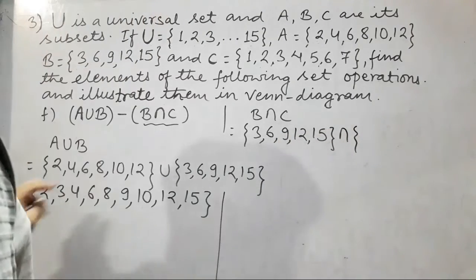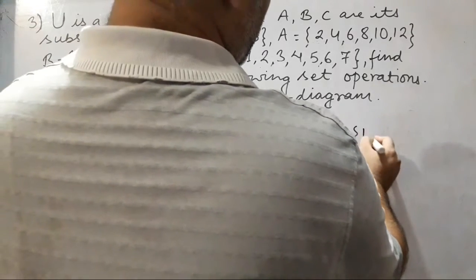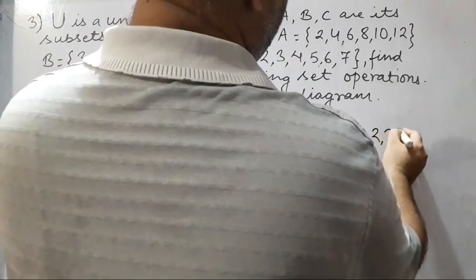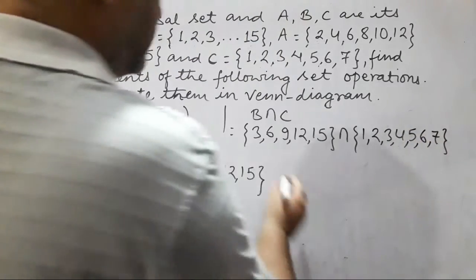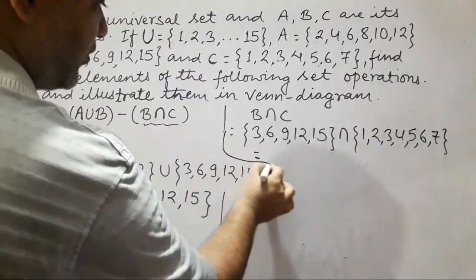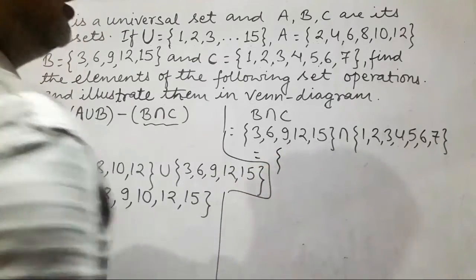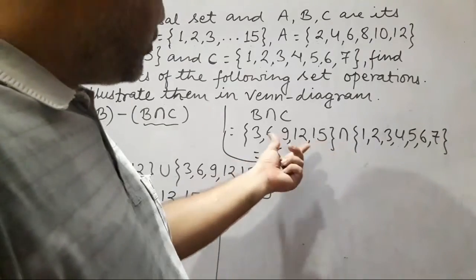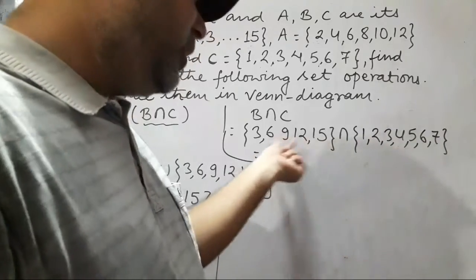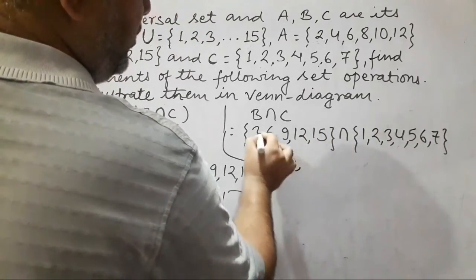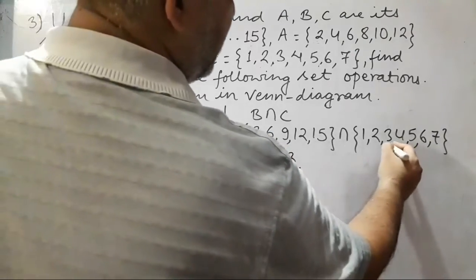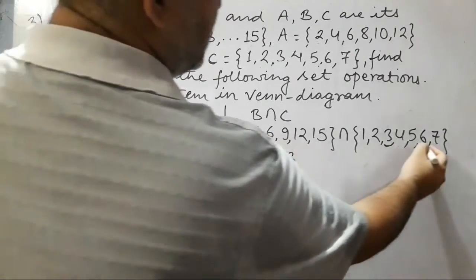The elements in set C: 1, 2, 3, 4, 5, 6, 7. Intersection means we have to write down the common elements belonging to both sets. So the common elements are 3 and 6.